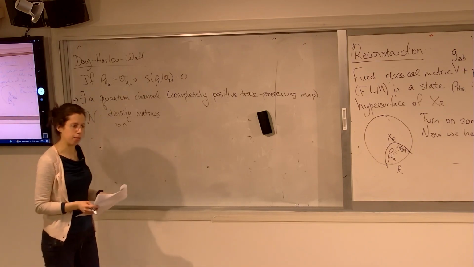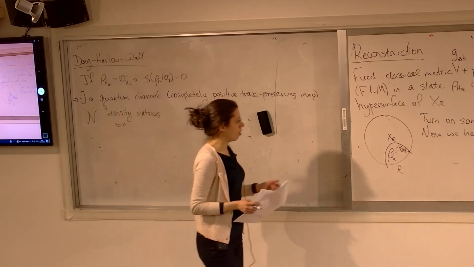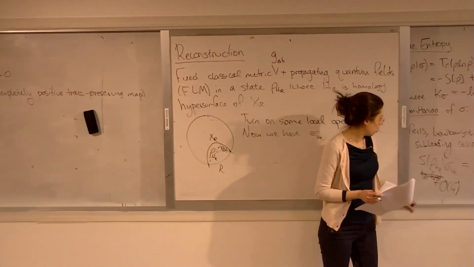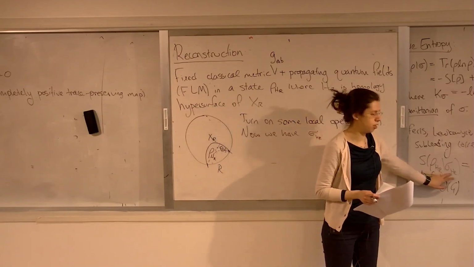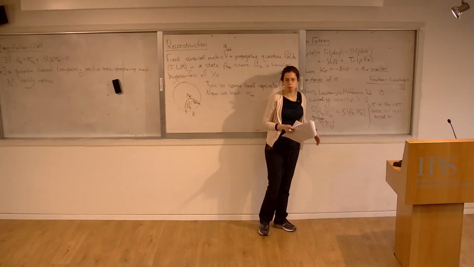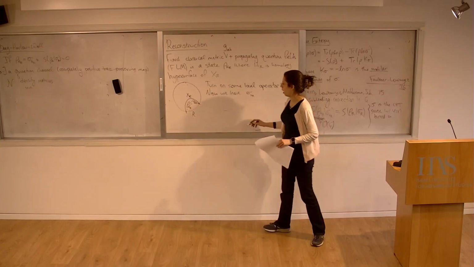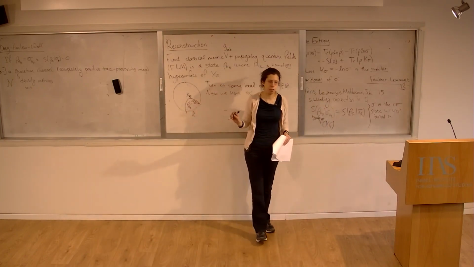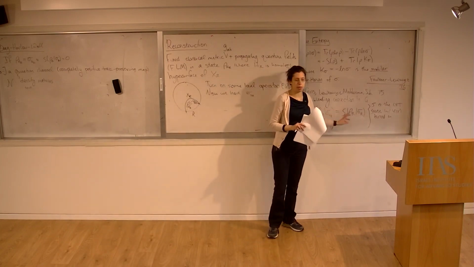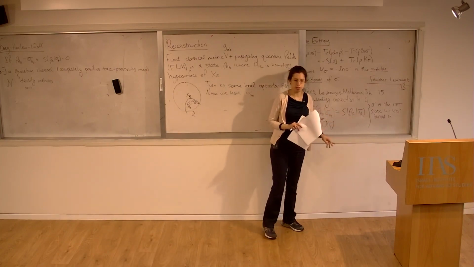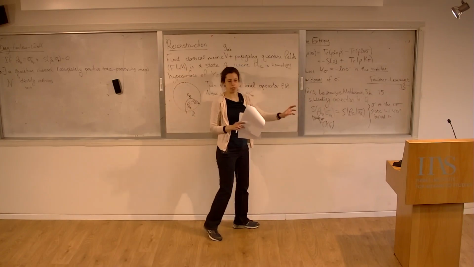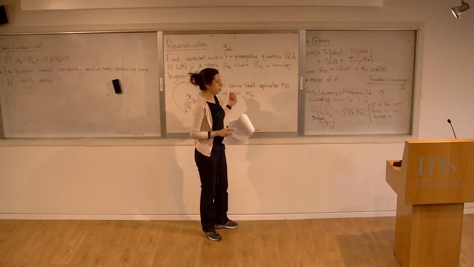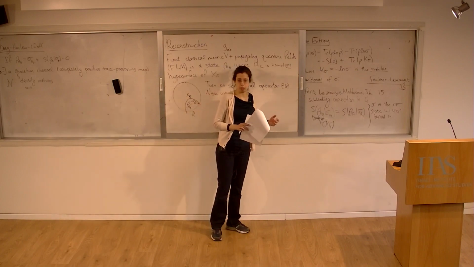I want to make a brief comment before I continue, which is that it's very important for us that the state sigma HR came about from acting with some small perturbation on the state. Because for this limit to be valid, where there's no back reaction, we have to be working with a small perturbation: a low energy, local operator, not something that's going to totally change the geometry at leading order.